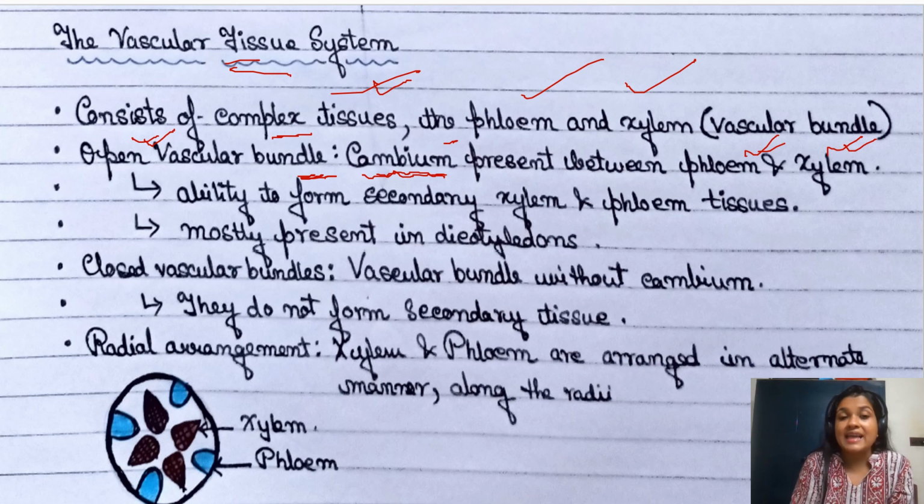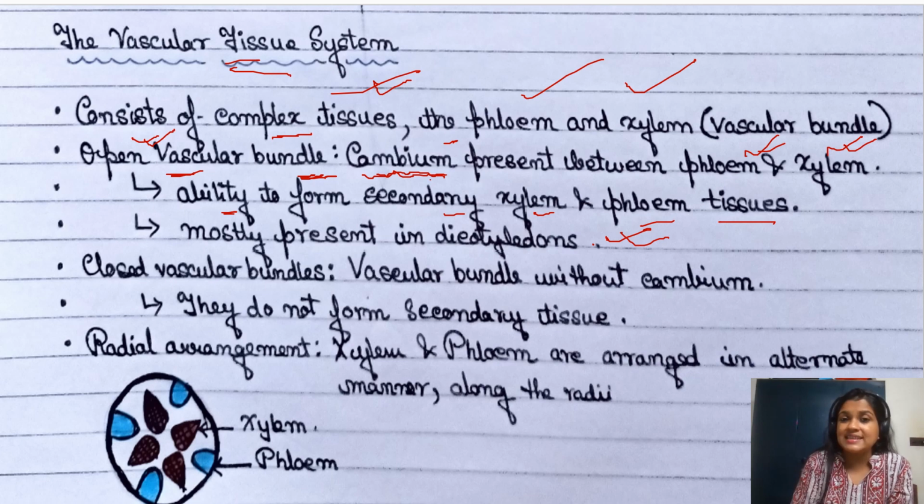And thus, they have the ability to form secondary xylem and phloem tissues, and they are mostly present in dicotyledonous plants.